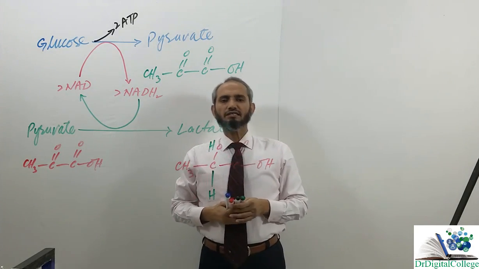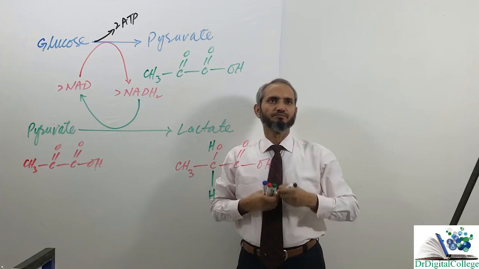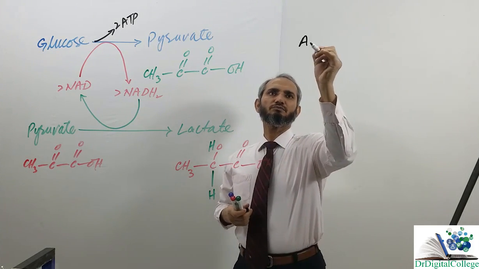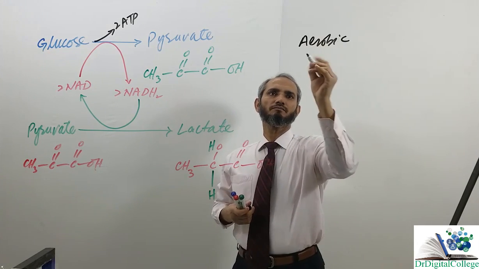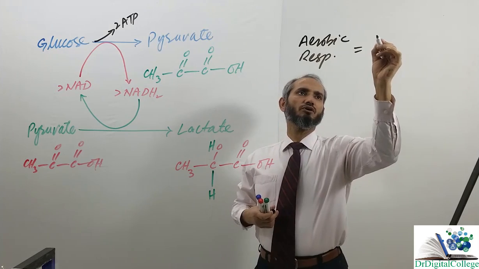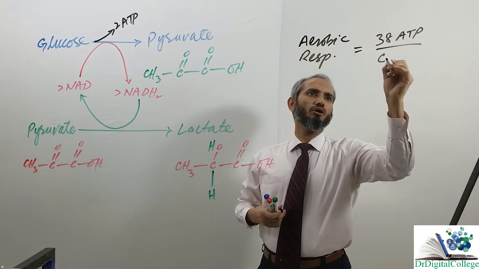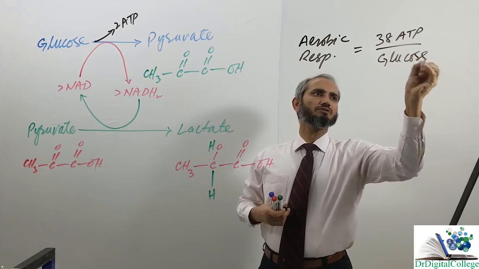Now, let's see what is the energy efficiency of anaerobic respiration. You know that in aerobic respiration, theoretically we get 38 ATP per mole of glucose.